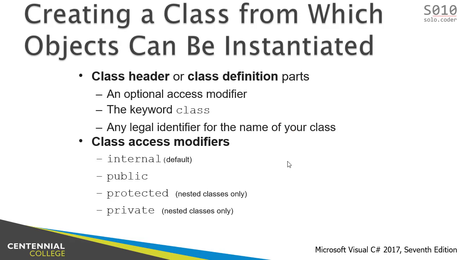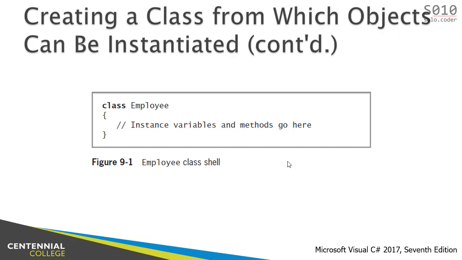If a member does not have public, private, or protected, it goes to the most closed one. Between internal and public, the most restricted one is internal. So if there's no keyword right here, it means that this class is internal.